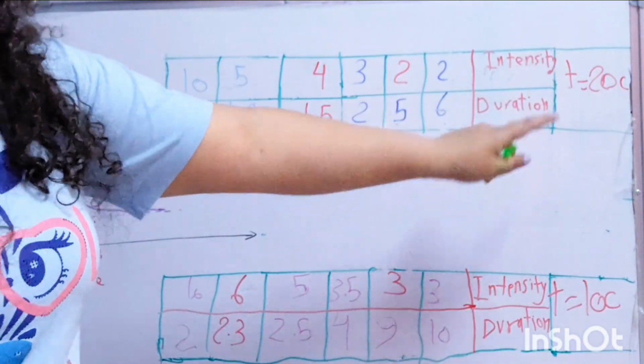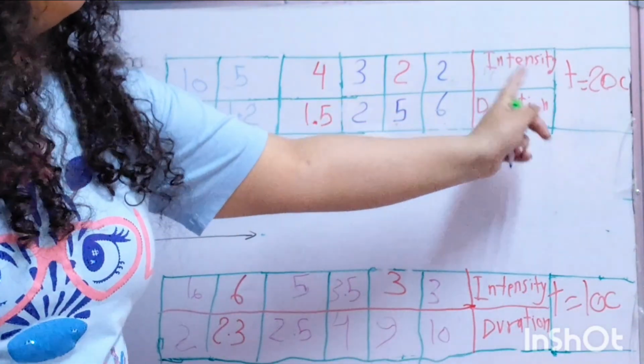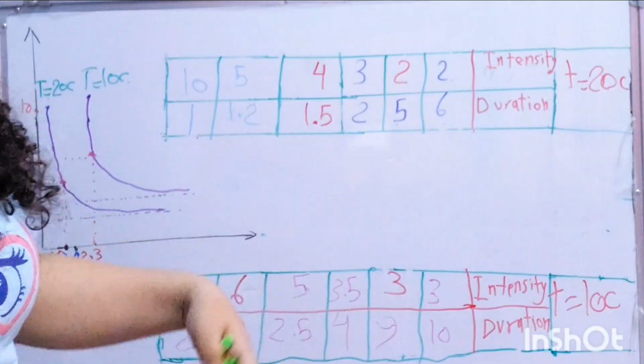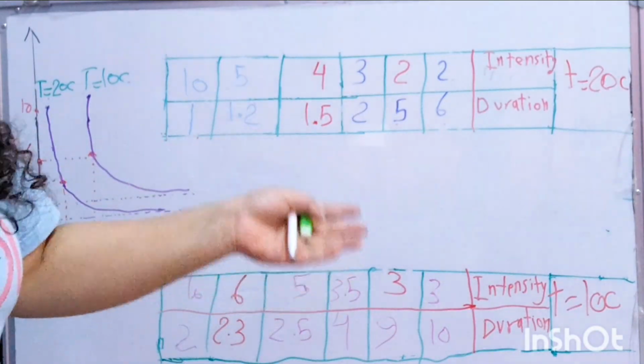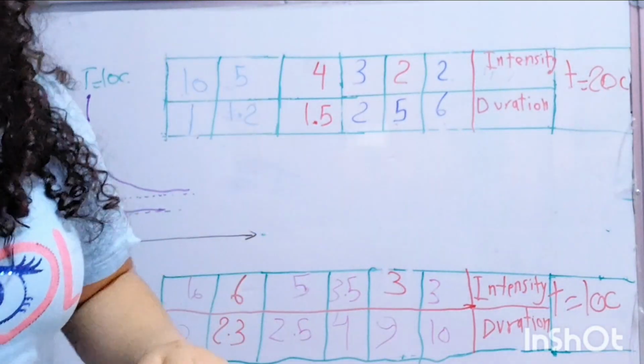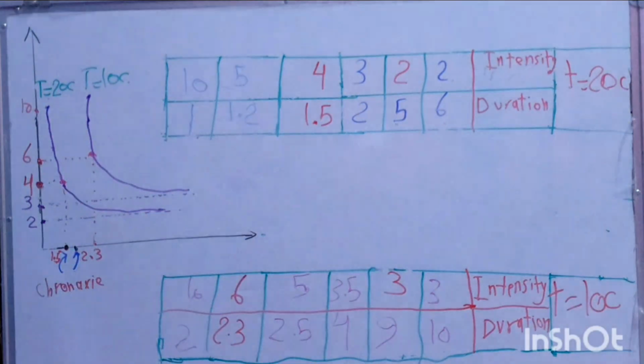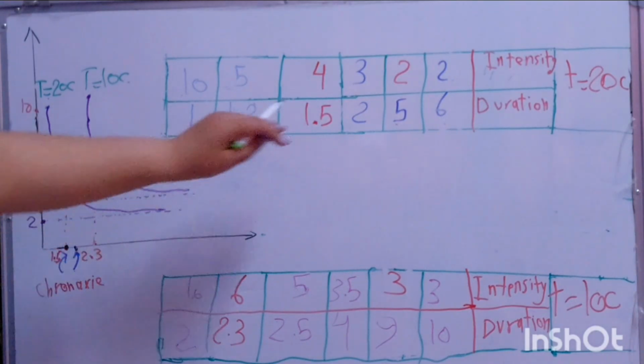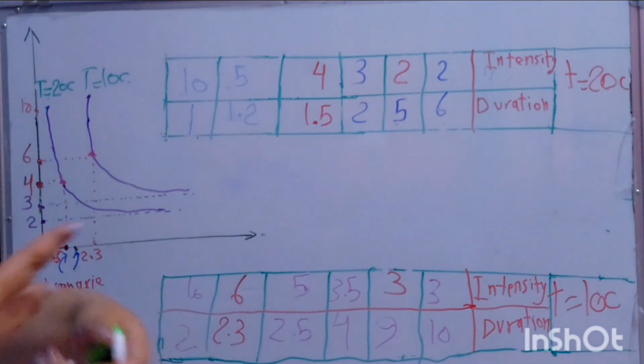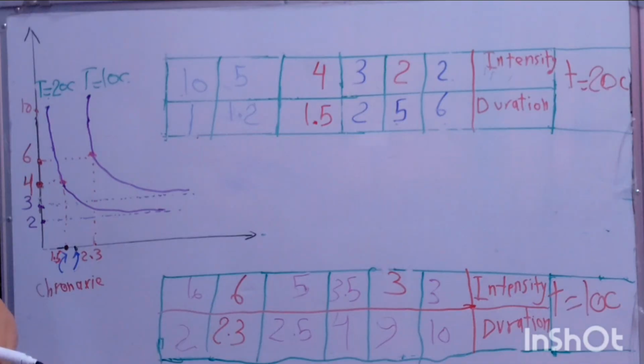Here we're studying the effect of temperature on the intensity and duration, or on the chronaxy and Rheobase. But before moving to the next table to understand how temperature can affect the excitability of a nerve, because we haven't mentioned that before, we'll need to understand the table here, relying on the definitions we made.